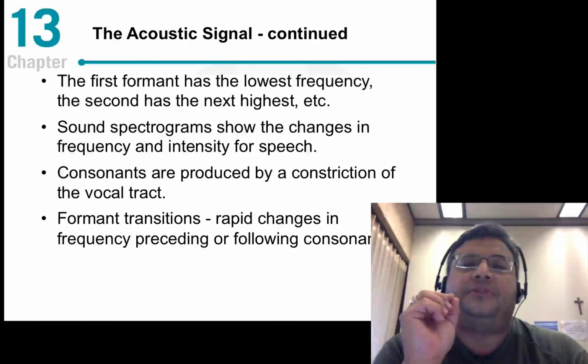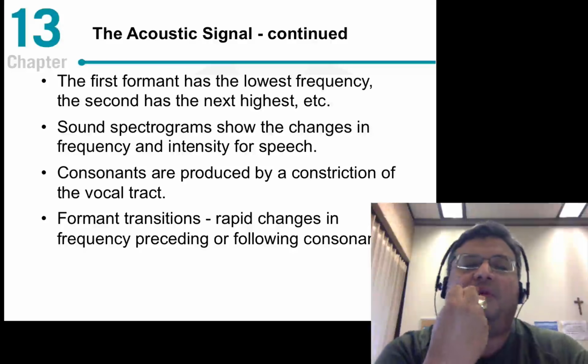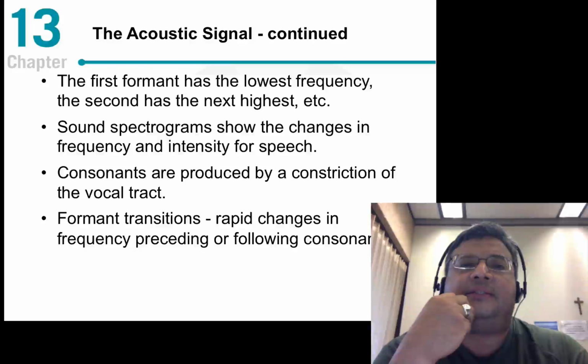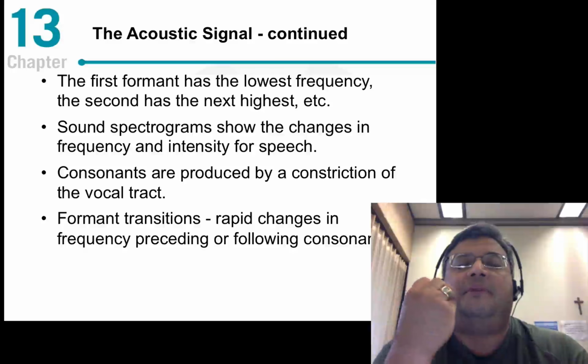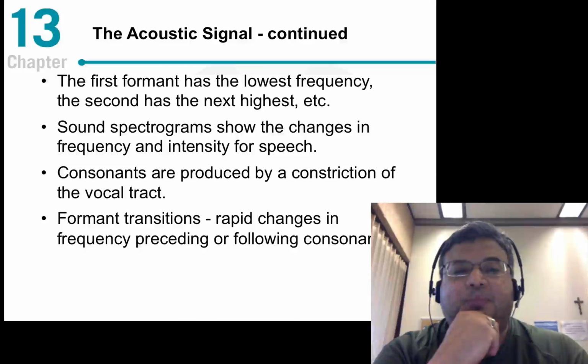So consonants are produced by constricting different parts of the vocal tract, whereas vowels are produced simply by vibrating and combining certain frequencies together.